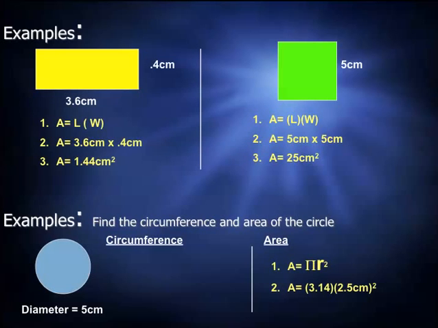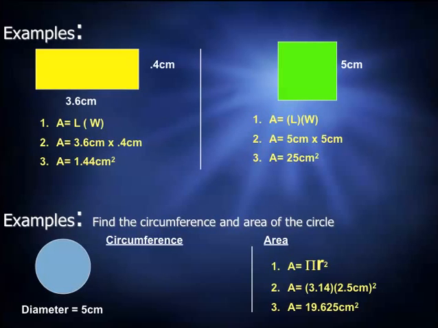So what do I get for my answer? Who got a number? Matthew, what'd you get? Did you multiply times pi? 3.14 times 2.5 times 2.5. I forgot the pi.